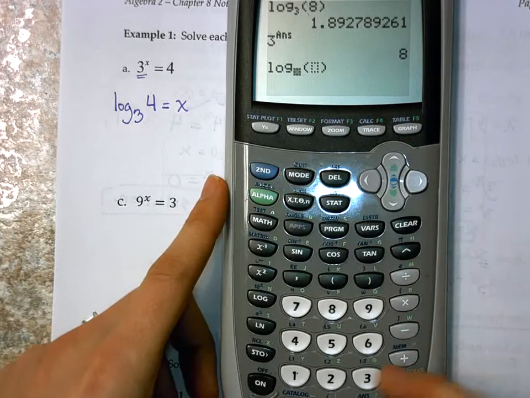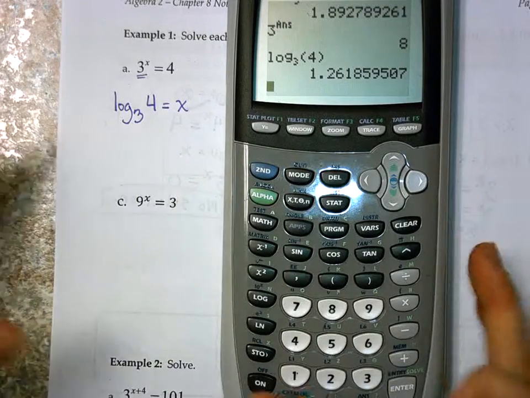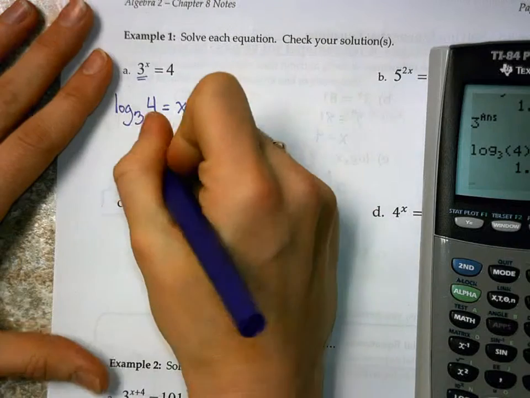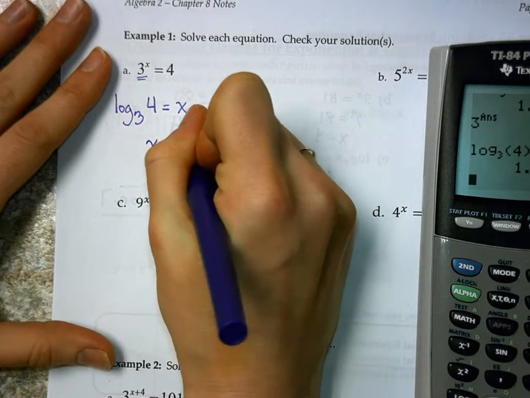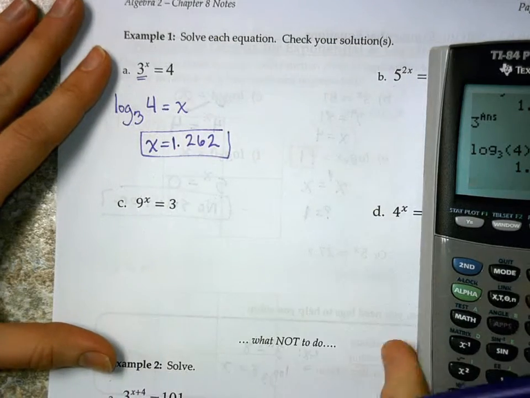And now this allows us to plug in 3 as a base and 4 in the parentheses, and we get our answer. X is equal to 1.262. And we usually round to the nearest thousandth just because that gives us a pretty close approximation for x.